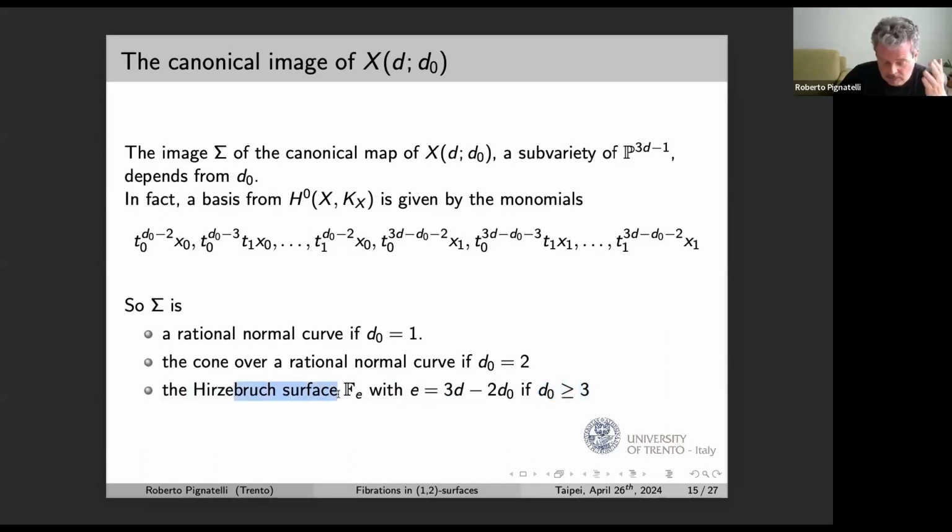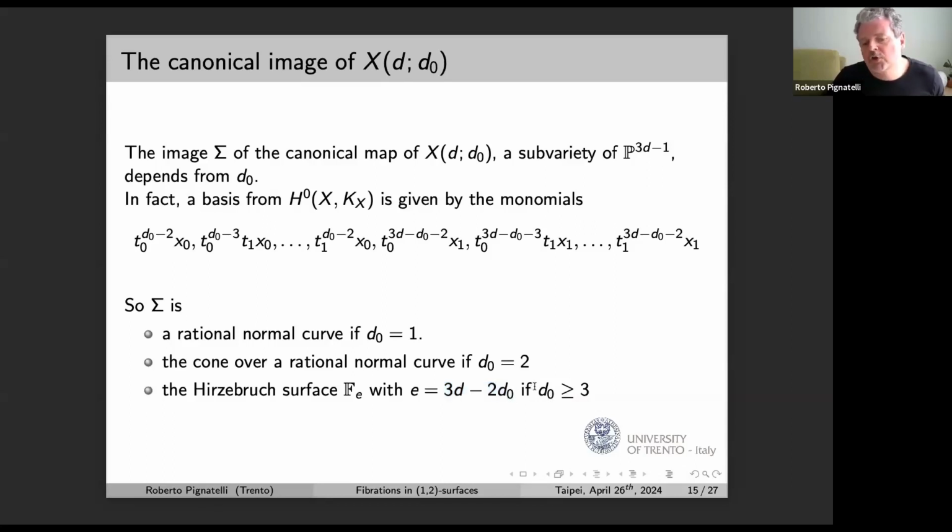This was already known, at least from the work of people I mentioned, that if you are in this range of invariants, the canonical image is a surface and it's a Hirzebruch surface, and the Hirzebruch surfaces are classified by a number e, and this number e involves D and D0. So D0 essentially tells me which Hirzebruch surface exactly is into the game.